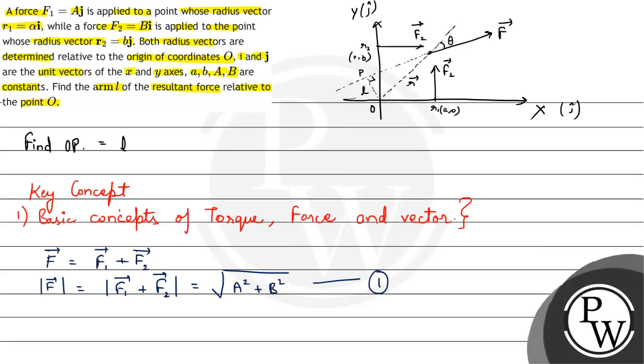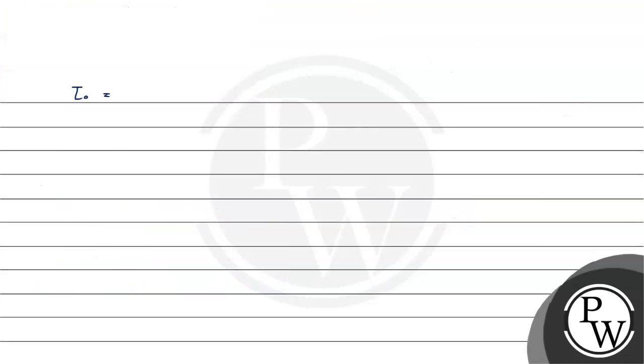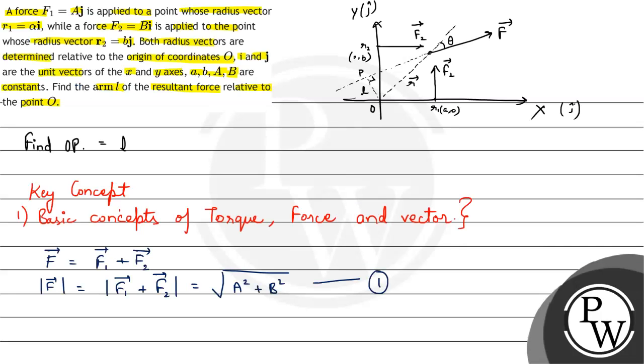Now let us write the equation for torque. Let us denote it by tau. F1 is trying to move this in the counterclockwise direction, while F2 is trying to move it in the clockwise direction.